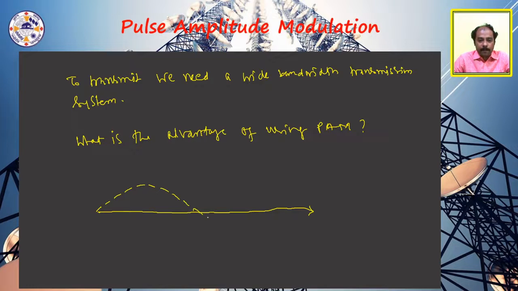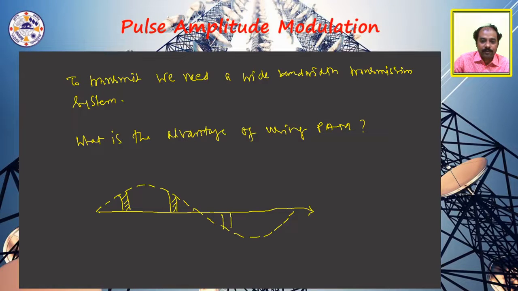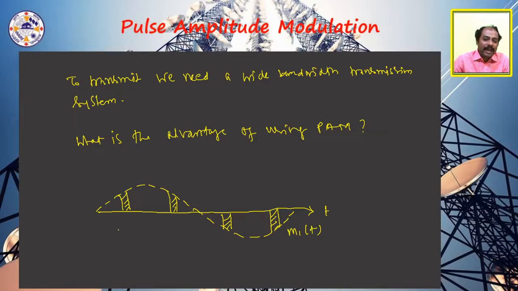This is the pulse being modulated in accordance with this signal in the time scale. Okay, this is m1 function of t. Fine. Now say another signal is here, m2.